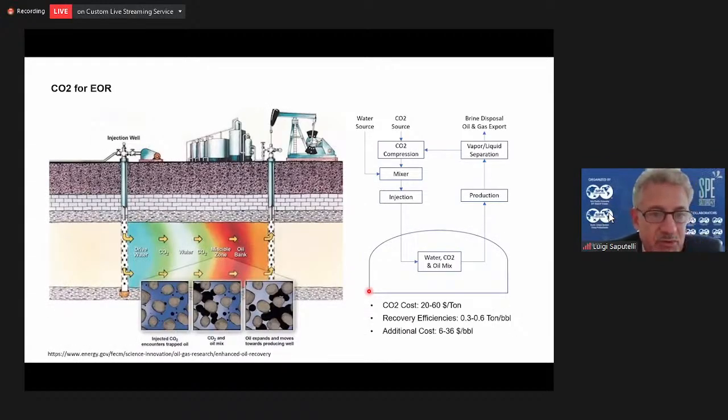So basically, CO2 flooding has been used for decades in many cases around the world, particularly mixed with water. The reason we mix it with water is because CO2 itself may not be enough in commercial quantities to drive the whole process because of the cost.